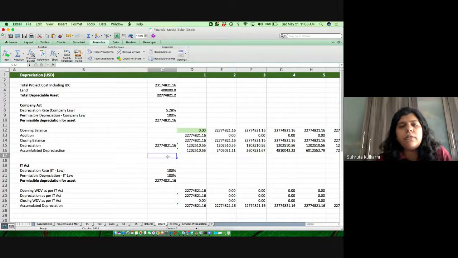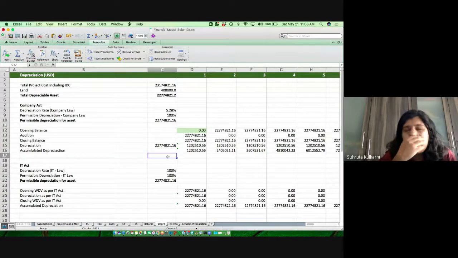Now there have been misuses of this as well. To give an example, the government was promoting wind power projects, and they were giving 100% depreciation. So a lot of people who had profitable operating businesses started developing wind projects, left, right, and center. They took money from banks, they took money from equity investors, and they started building wind power projects.